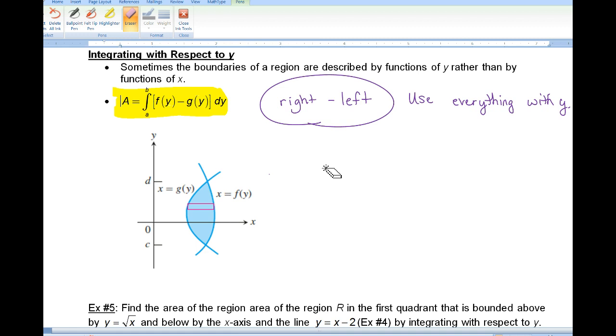Remember on the previous ones, it was like y equals x squared minus 1. So in this, if we're going to integrate with respect to y, we want to have everything in terms of y now. And in fact, instead of using the x coordinate for the bounds, we're now going to use the y coordinates for the bounds.